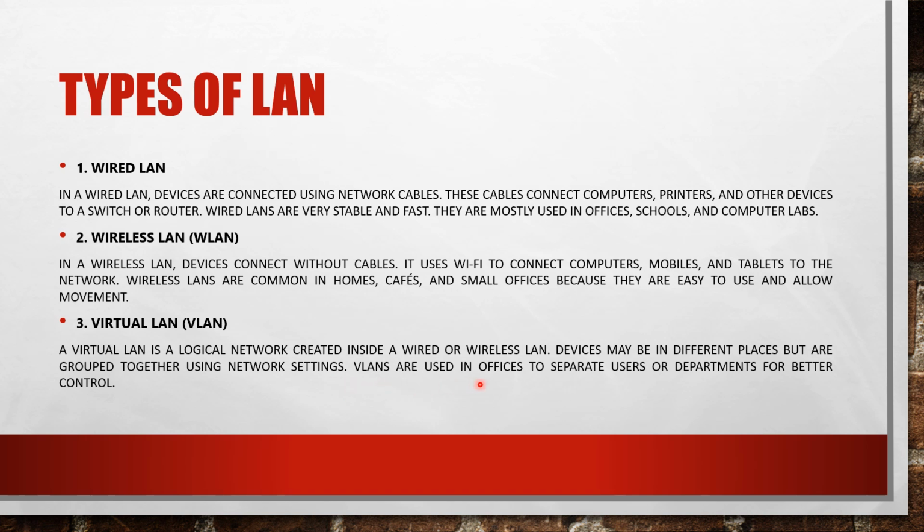VLANs are often used in offices to separate users or departments for better control. So it is a LAN which is established as per our requirement. It can be a temporary LAN, so to say. It is not made as a permanent connection. If it is required, it is made, or else it will be left. So it is a virtual LAN.